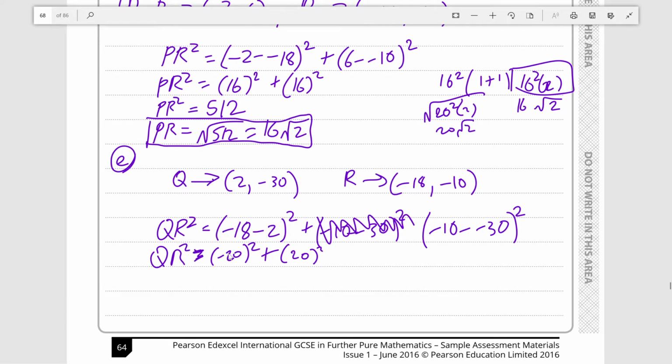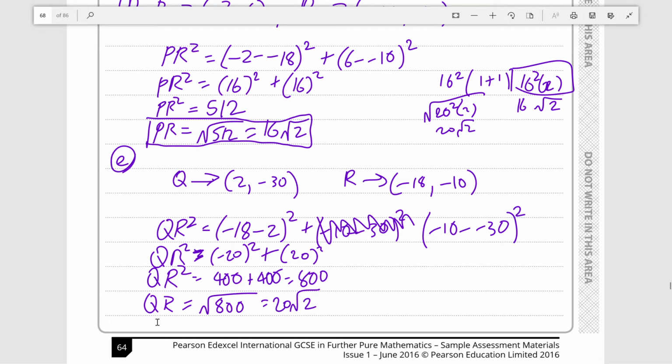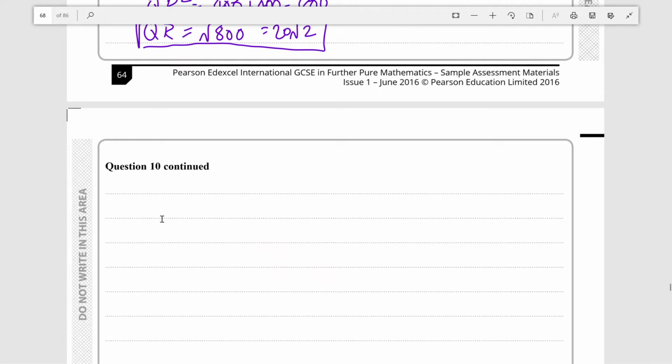So QR squared is -20 squared plus 20 squared, which is 400 plus 400, which is equal to 800. And then QR is therefore the root of 800, which is 20 times root 2. So once we know this distance, we can find that the area is equivalent to base times height, which is the distance PR times the distance QR.